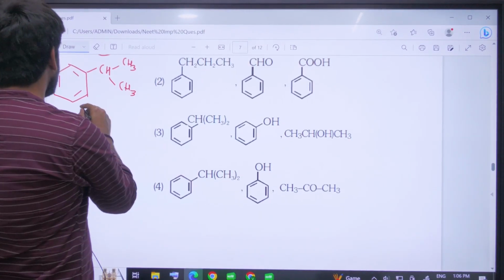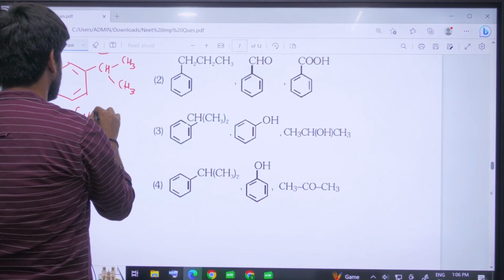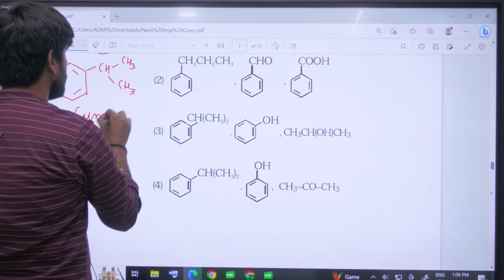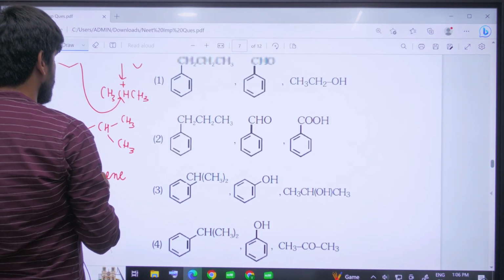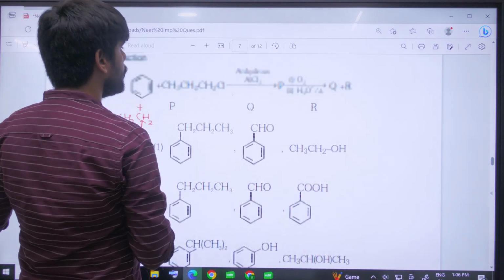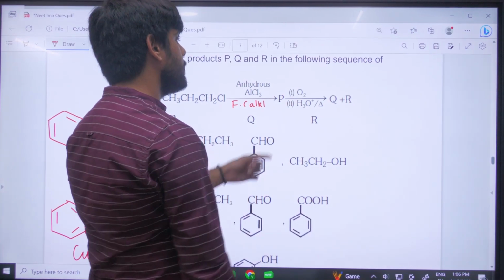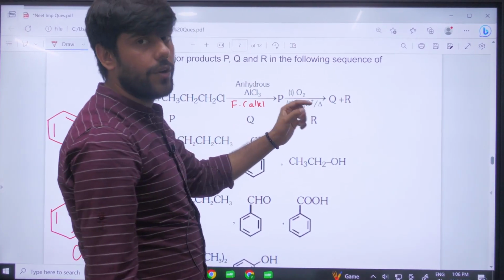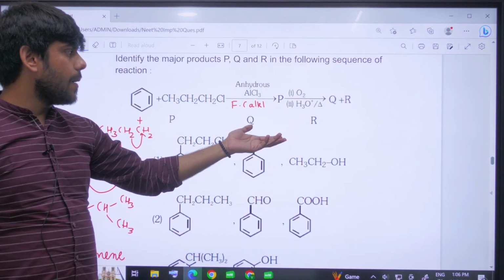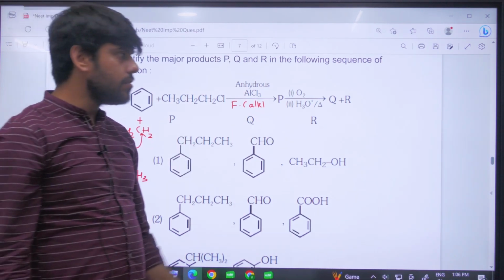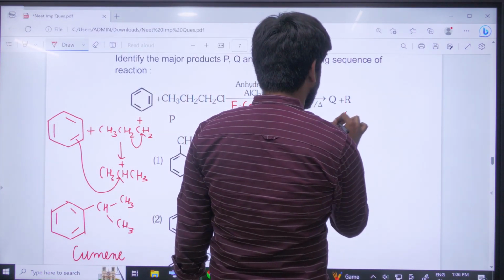This isopropyl benzene is also called cumene. Now isopropyl benzene upon aerial oxidation followed by acidic hydrolysis gives phenol, and you know that this is your commercial production of phenol also.